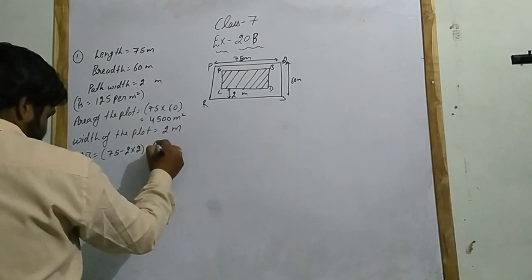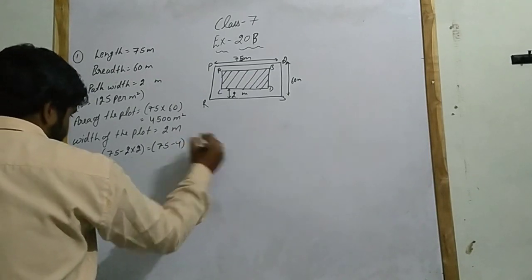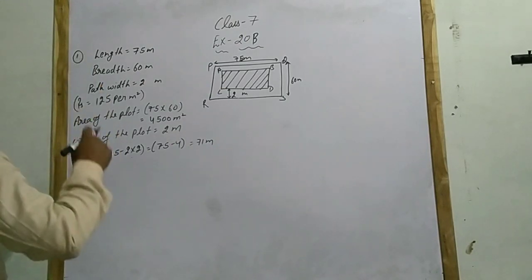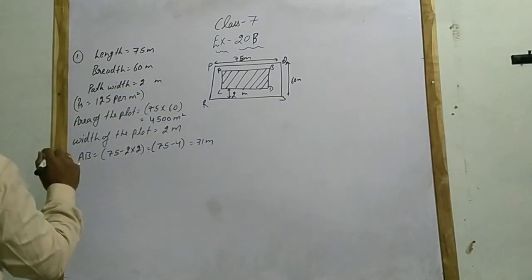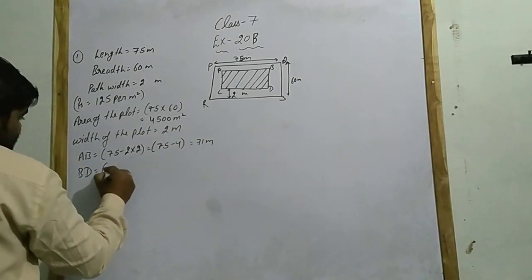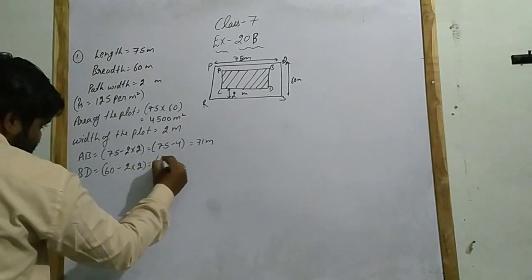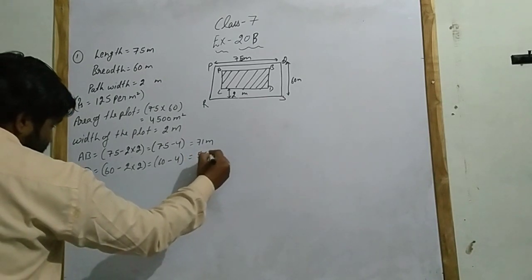It will be 75 minus 4, which is 71 meter. Now we will take BD, equals 60 minus 2 into 2, 60 minus 4 will be 56 meter.